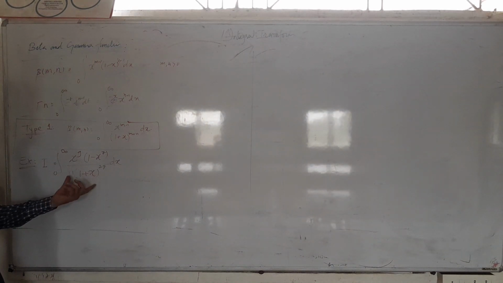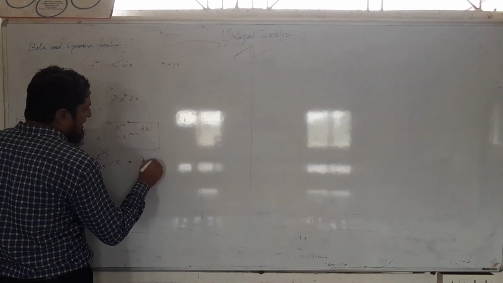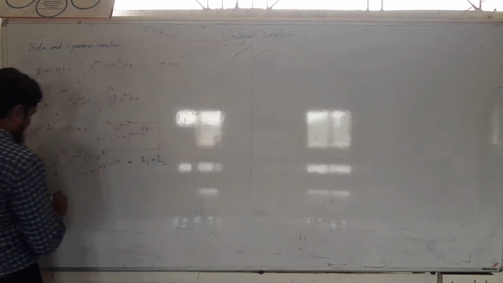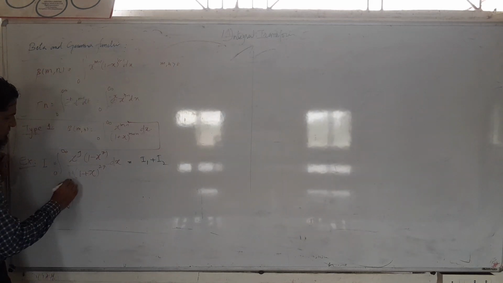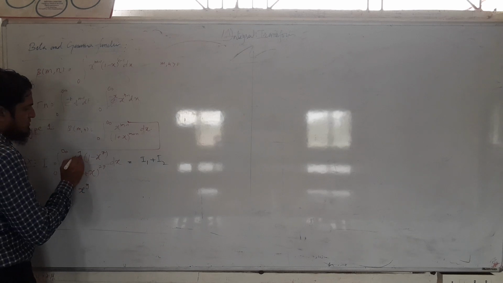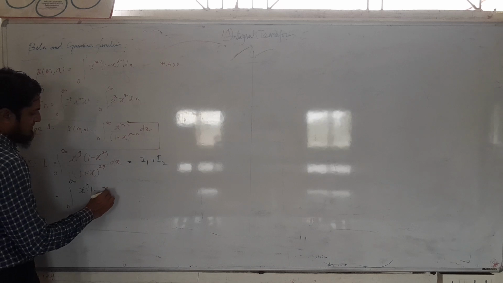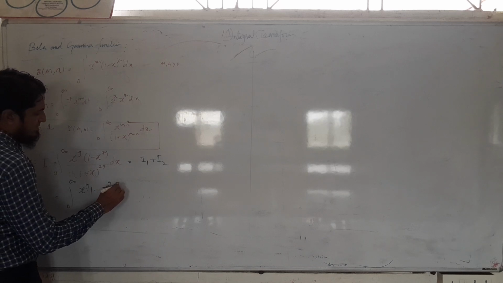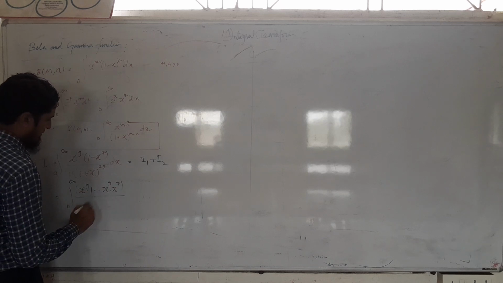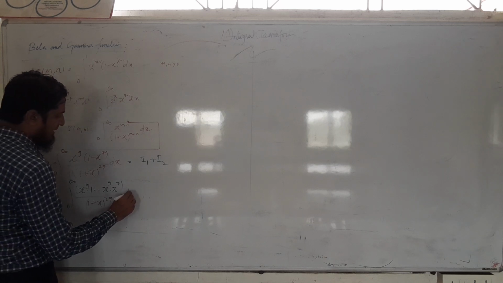So we can split this integration I into two different integrations, I1 and I2, as follows: integration from 0 to infinity of x raised to 9 multiplied into the bracket, that is, x raised to 9 into 1 minus x raised to 9 into x raised to 7, upon (1 plus x) raised to 27 dx.